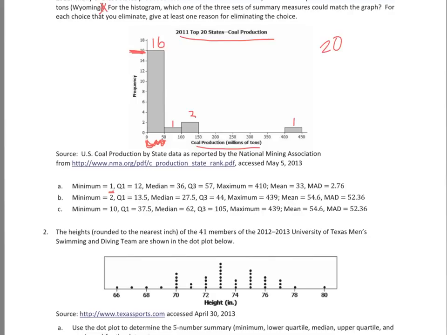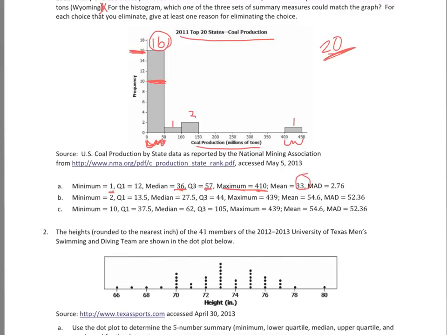The median of 36, I know the majority of the data is sitting here, and if there's 20 pieces of data total, then I know that my midpoint or my median is going to be at about 10, and that's going to fall inside of this 0 to 50. So the median is good there. My quartile 3 looks okay. The maximum of 410, well, here's my maximum. We have a range between 400 and 450, so that looks good.